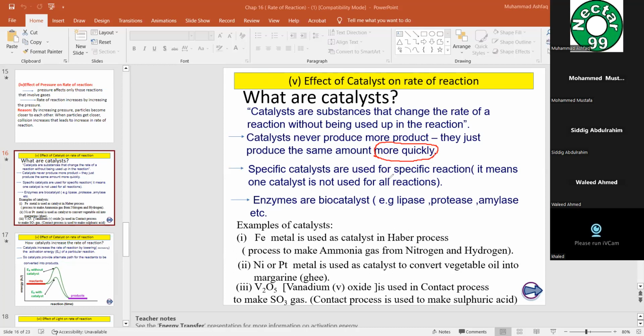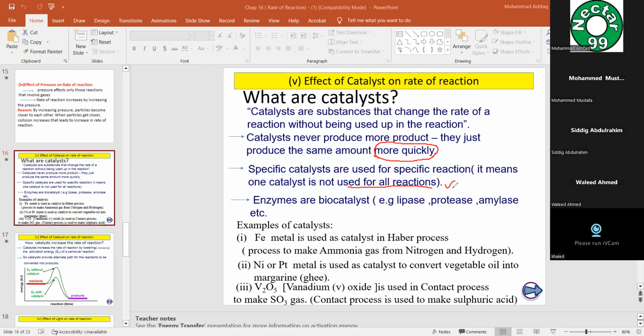Specific catalysts are used for specific reactions. You can't use all types of catalysts in every type of reaction, because they are specific in their nature. So one catalyst is not used for all reactions.